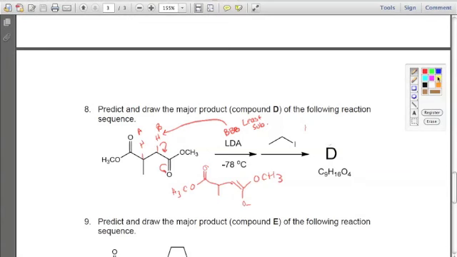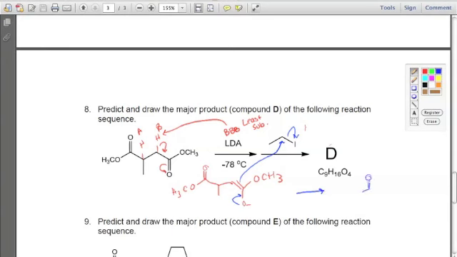So now you have formed that enolate, and this enolate is going to be able to attack this second thing. It's going to attack that carbon. It's going to push off the leaving group, which is the I. Remember, leaving groups are like your halogens. You have the I, Cl, Br, those kind of things.